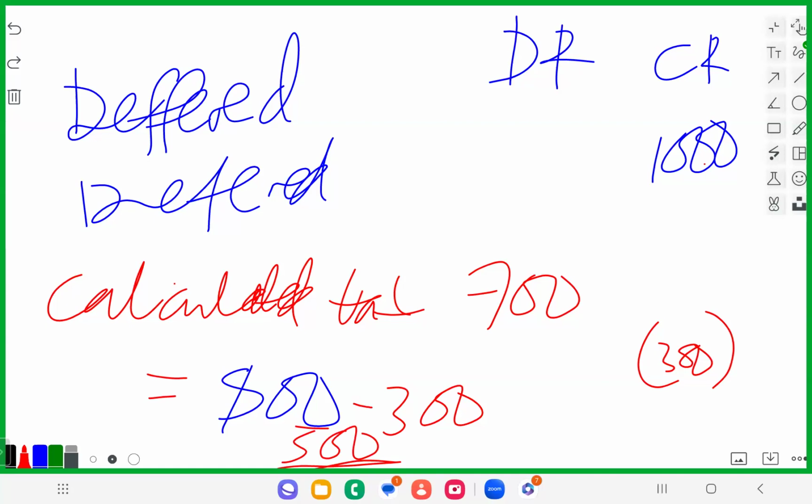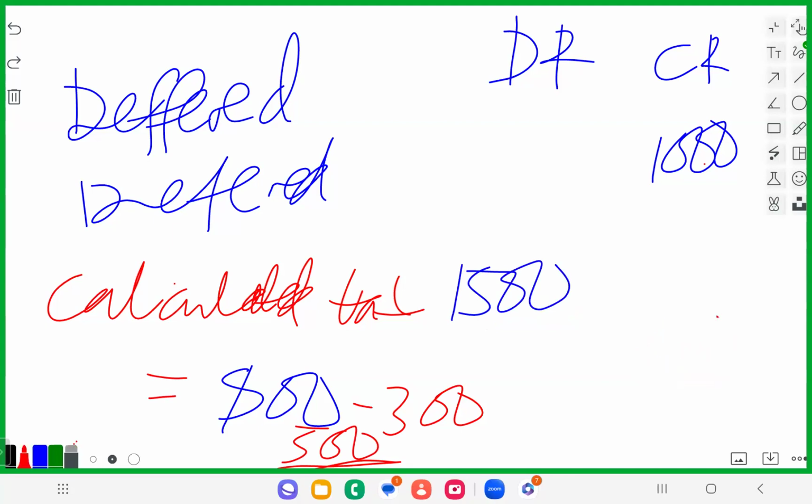And if the opposite happens, that you have an increase, let's say, for example, you got an increase from 1,000, maybe you found that it's become 1,500, right? So there is that increase of about 500. It's positive 500. When you calculate, you find 1,500, so there will be an increase.